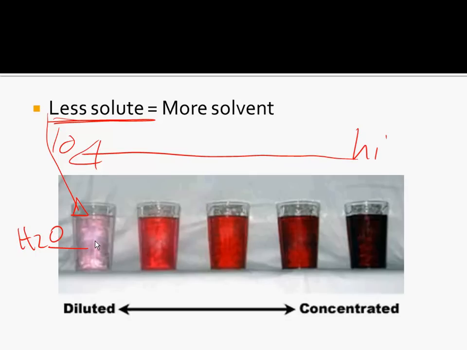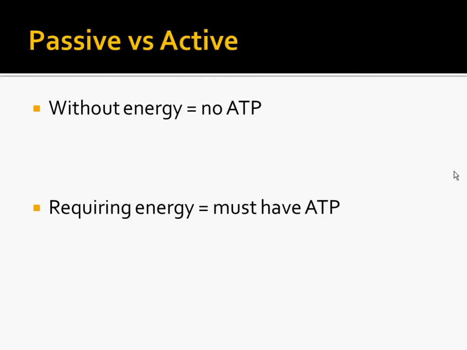So where it is dilute in terms of solute, it is more concentrated in terms of water. And the reverse, and this is not to be overstated, it is very important for osmosis. Here, this is more solute. It would be a lower concentration of water. Okay? So when we're talking about concentrations, we're not talking about water. We always are referring to what is dissolved in the water, the solute.